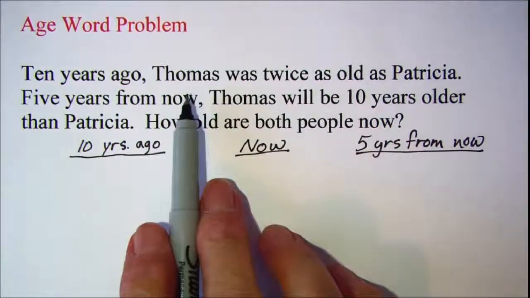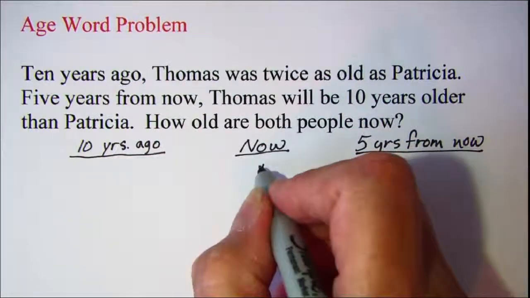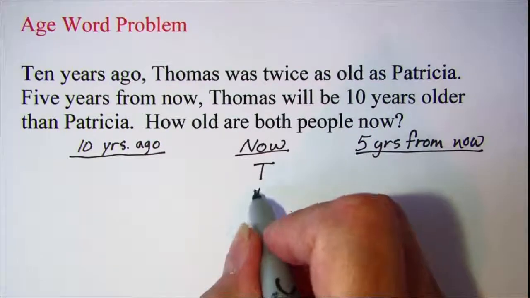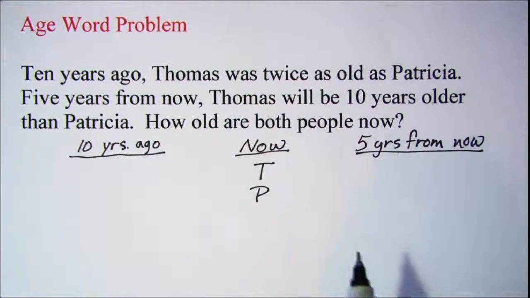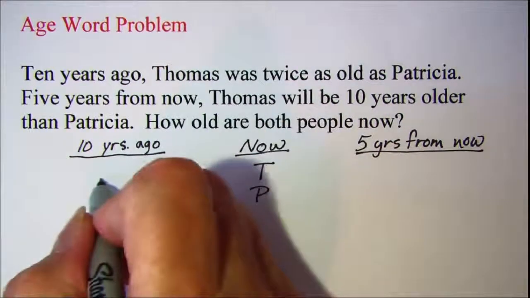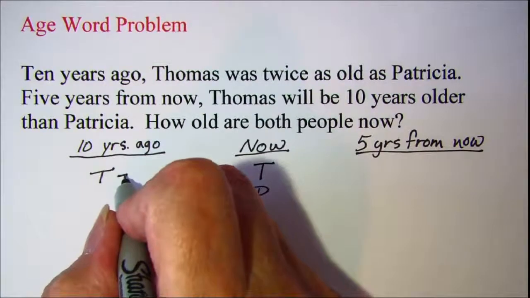The people that I'm comparing are Thomas and Patricia, so I'm going to let T be Thomas's age now, and P be Patricia's age now. So 10 years ago, Thomas, we don't know his actual age, but it would be T minus 10.